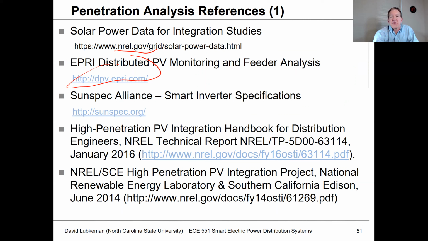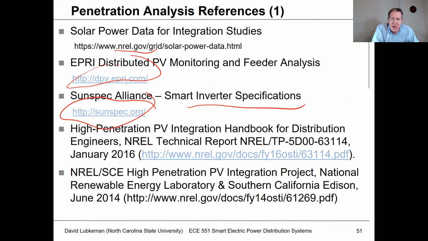And the smart inverter specifications, how these units are operated, is coordinated by what's called the SunSpec Alliance. It's a trade organization that works with the various PV equipment vendors, and they're leading the charge as far as inverter functionality and what should be included.